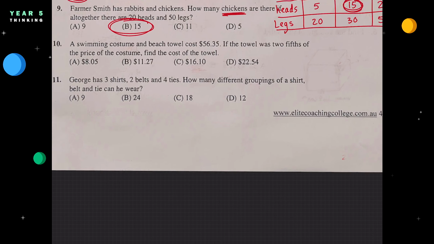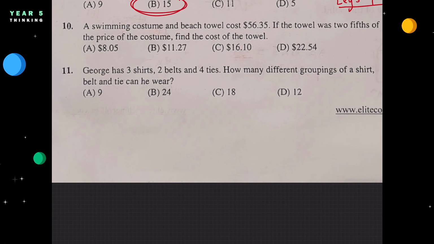What it means is this: imagine you have a towel and you have a costume. Now imagine the towel was 2/5 of the costume. So imagine the costume. Let's say this is the price of the costume. There's this block there, and the towel is only 2/5 of that.